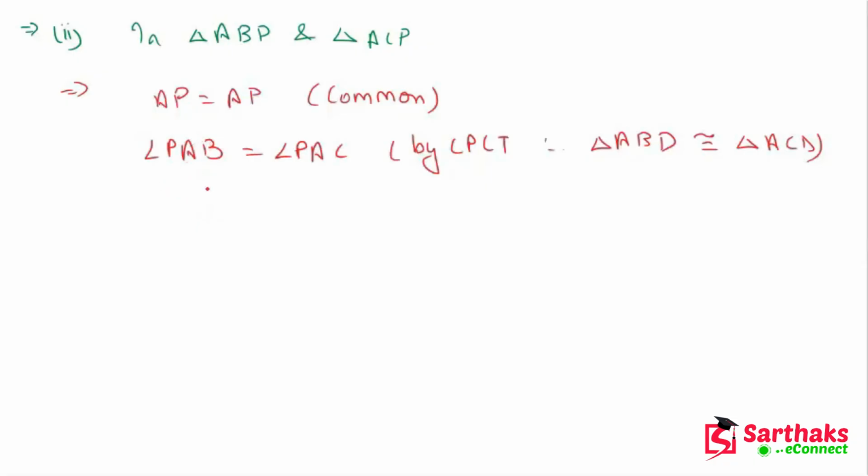Now AB is equal to AC, because triangle ABC is an isosceles triangle.